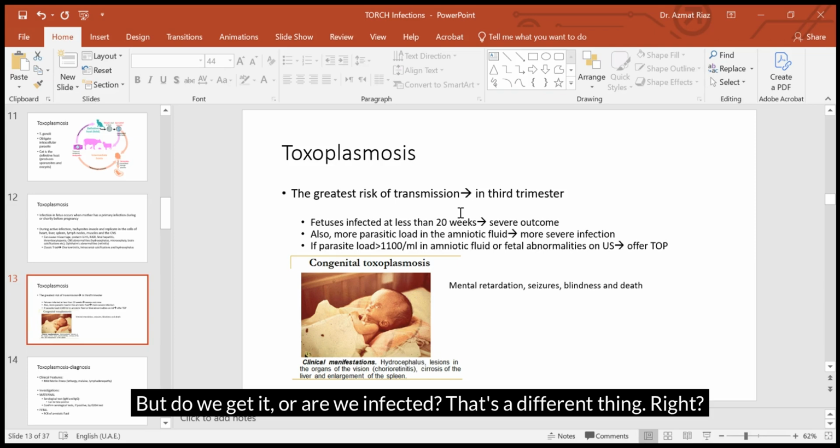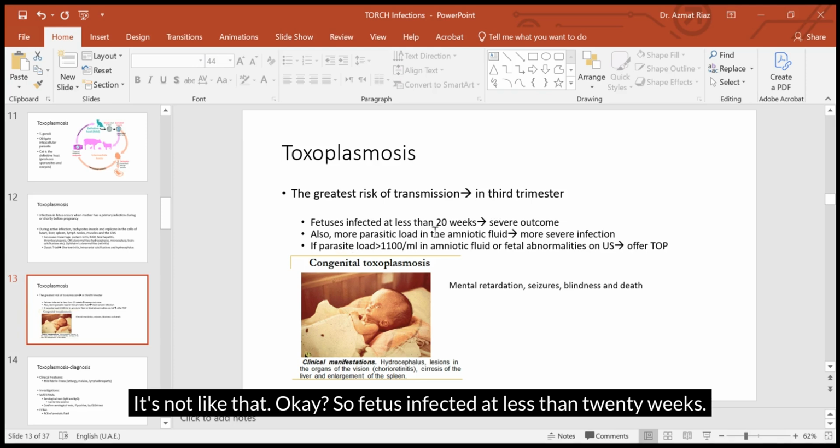That's a different thing. Being exposed is different from being infected. So the greatest risk of transmission is in the third trimester, but it does not mean that the greatest risk of infection is also in the third trimester. It's not like that.